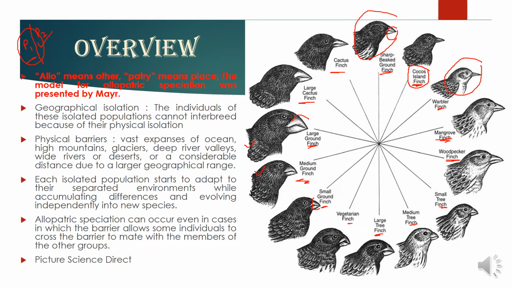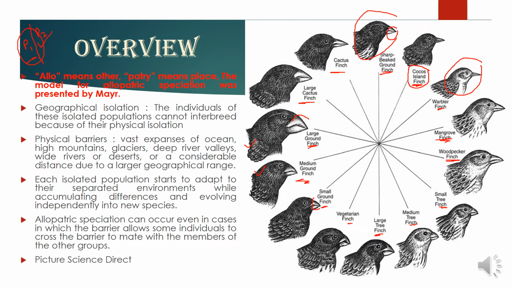as a founder species. And according to the type of vegetation in each of the islands, each of the birds has developed their beak. And because there is separation, the separation of these islands due to the intermediate water body, each of these island finches do not interbreed that much.